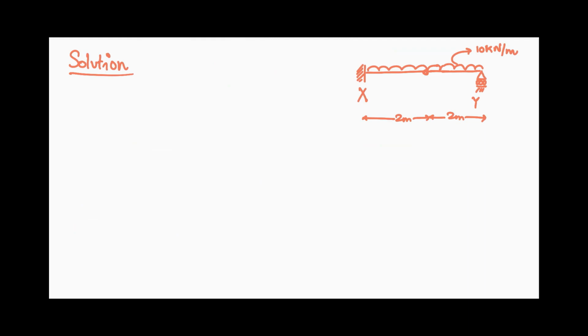We can see that this beam is made up of two subsystems, and if we were to draw the free body diagram of each of the subsystems, let us say V1, H1, M, we would see that V and H would be the shears.